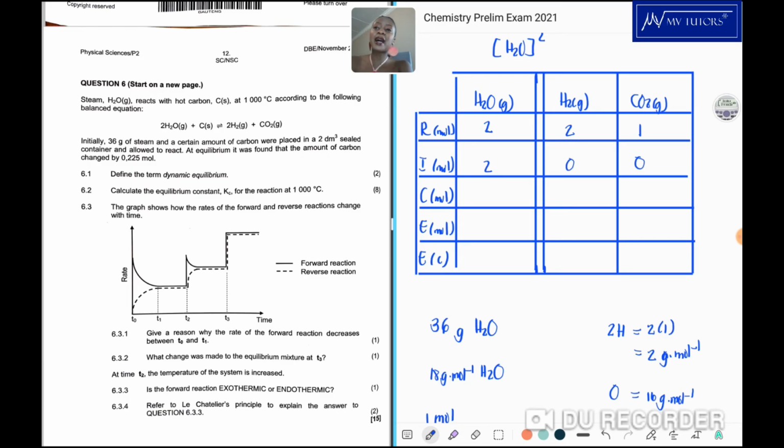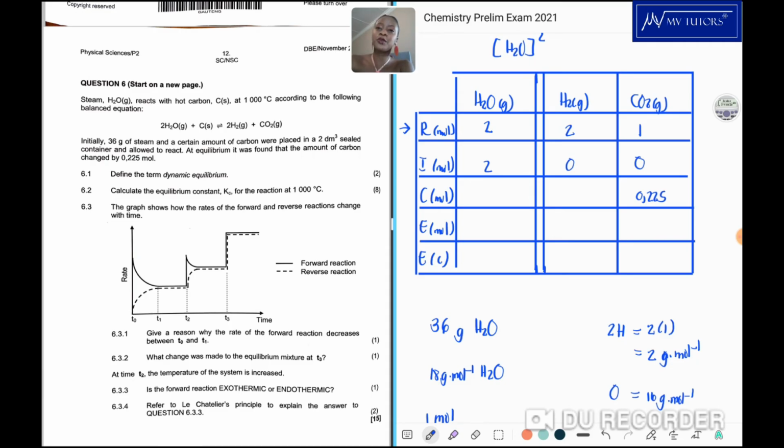And this is where the ratios come in. We have 2 moles for hydrogen, 2 moles for steam, and 1 mole of carbon dioxide. So if carbon changed by 0.225 mole, carbon dioxide will also change by 0.225 mole because they have a 1-to-1 ratio. But for the others, where they have 2 moles, we're going to double that.